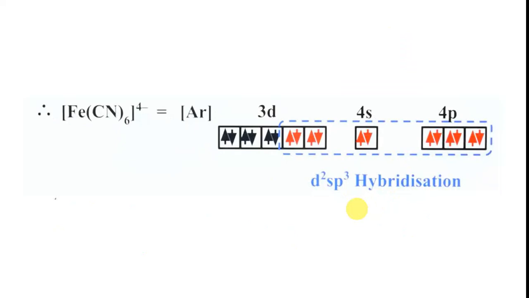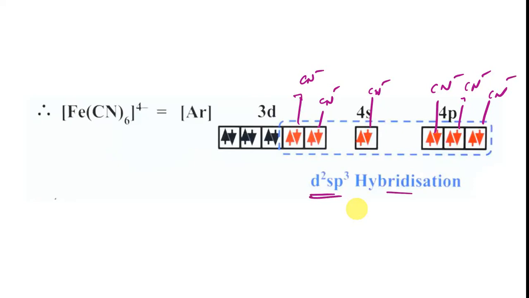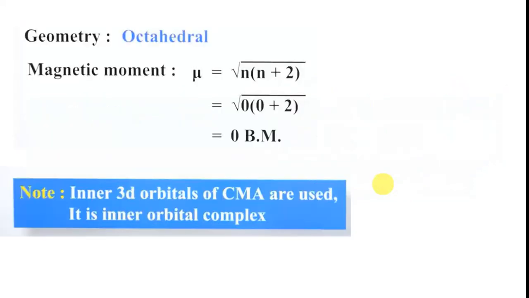So these are the electrons of CN minus. So 6 CN minus, 1, 2, 3, 4, 5, 6 CN minus. So the hybridization is d2sp3, right? If there are 6 ligands, it will be an octahedral complex.